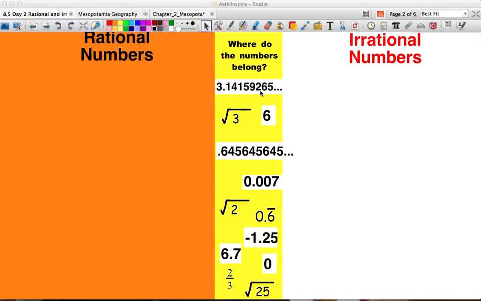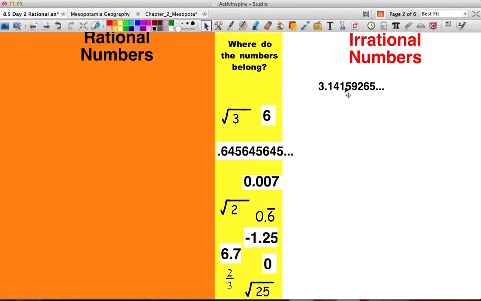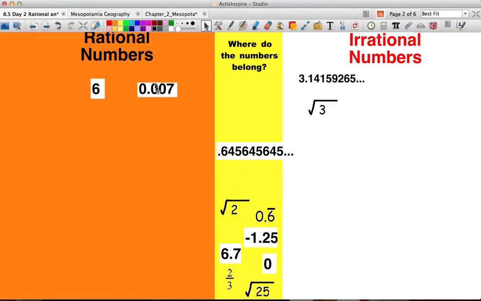If I split this group of numbers into rational and irrational, it's not going to make much sense to you. So, I will tell you that pi is irrational. The square root of 3 is irrational. 6 is rational. Rational, irrational.